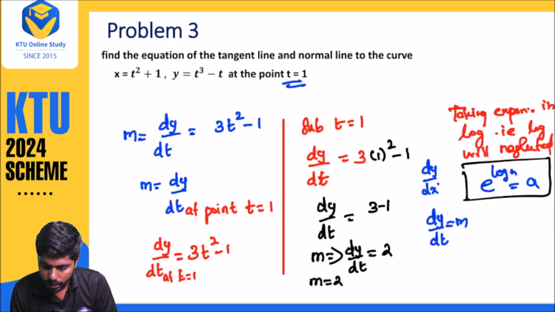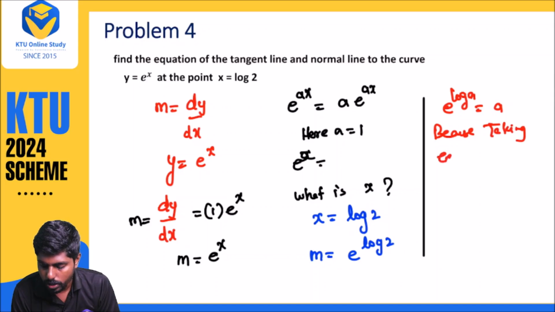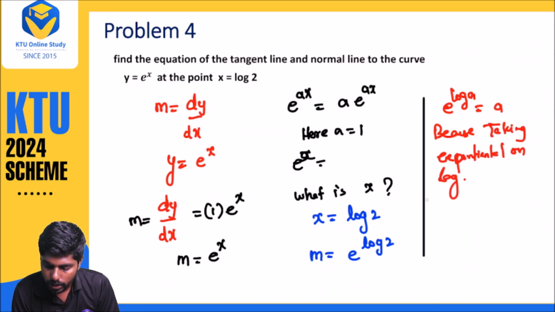So e power log a is equal to a only, because taking the exponential on log, the log will be neglected.